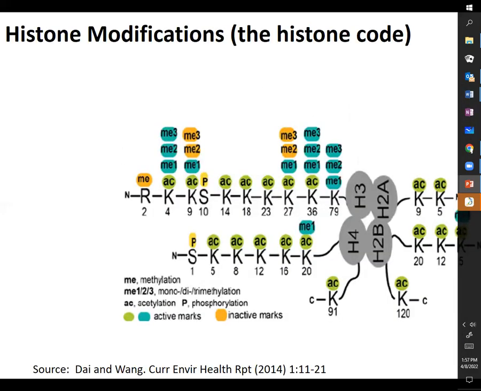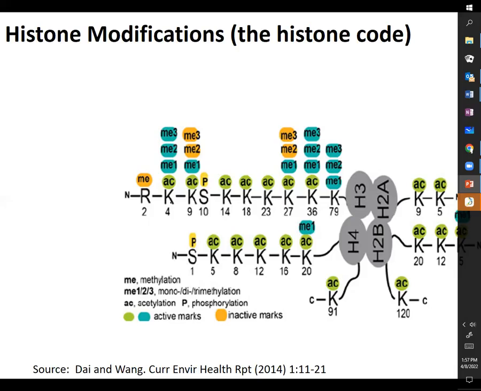Now, acetyl groups are not the only things that can be added to the histones. There are other types of histone modifications. So now we're zooming in, looking at the residues in histone tails. Here we see H3 and H4, actually H2A and 2B are over here as well, but let's focus on 3 and 4 because those are the ones we talked about. In green are positions where acetyl groups can be added.